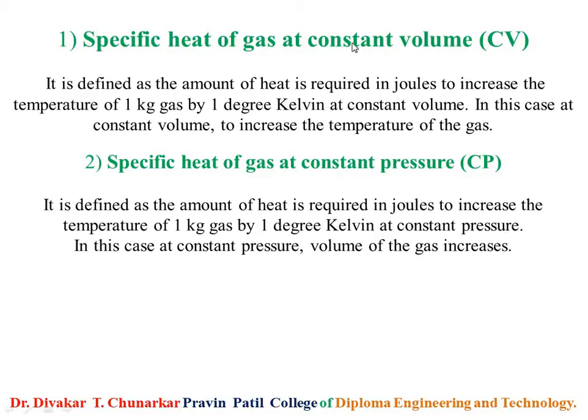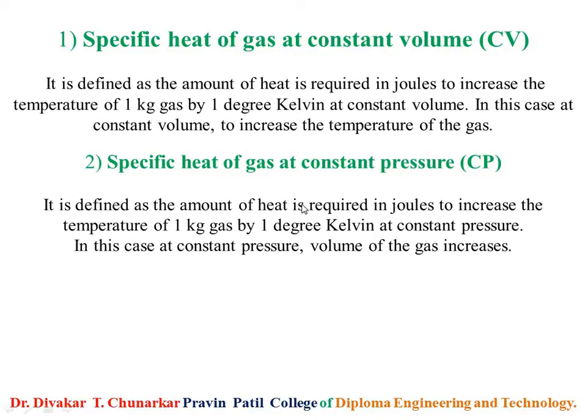Again, I repeat. Specific heat of gas at constant volume is the amount of heat required in joule to increase the temperature of 1 kg of gas by 1 degree Kelvin at constant volume; the volume remains constant while the temperature of the gas increases.